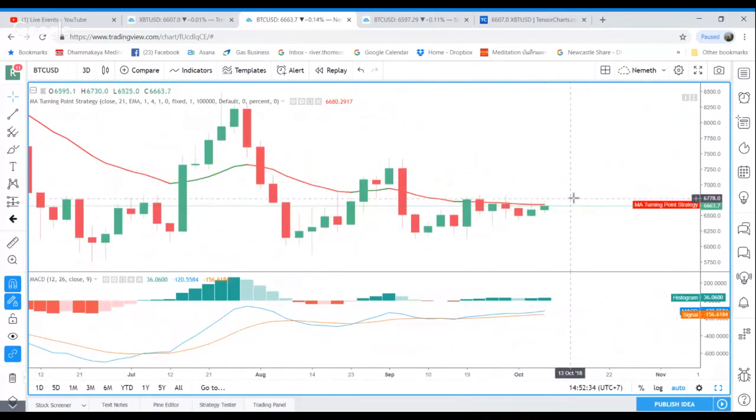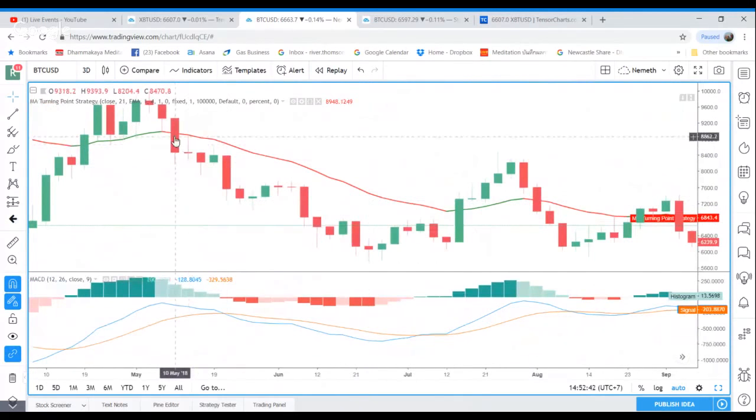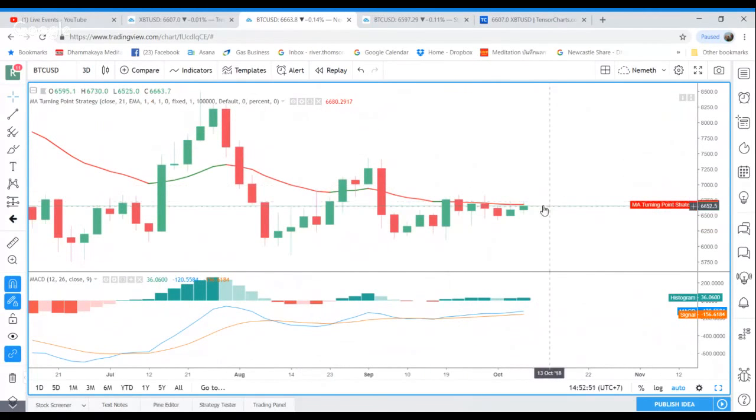And right now, we're still below the EMA 21, and spending long periods under it. But you're also getting some periods above it. But we're still below it right now.